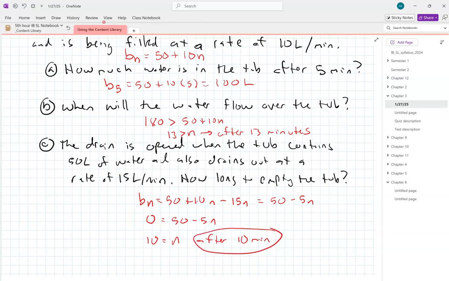So when I do that, I get n equals 10. So after 10 minutes, the bathtub should empty.